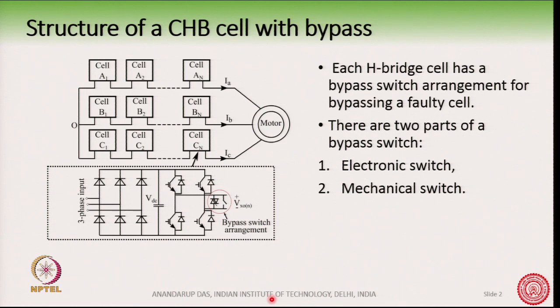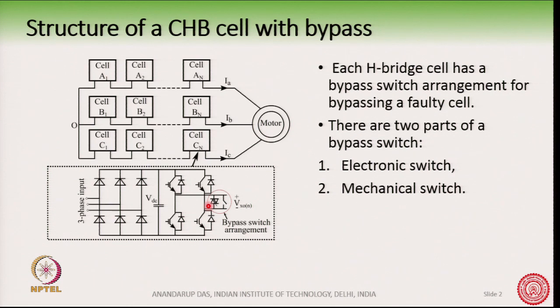There are two parts in this bypass switch. One part is an electronic switch, which you can see here is a back to back thyristor or a triac arrangement, and the other is a mechanical switch. Suppose we turn on the mechanical switch, then this whole cell is completely bypassed.